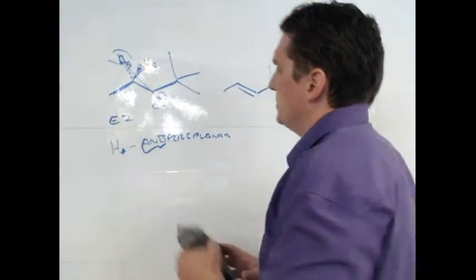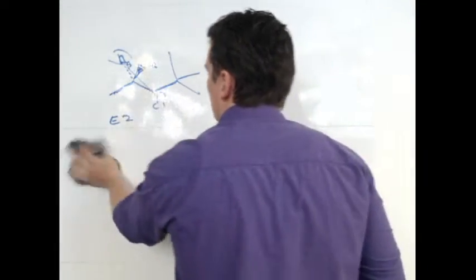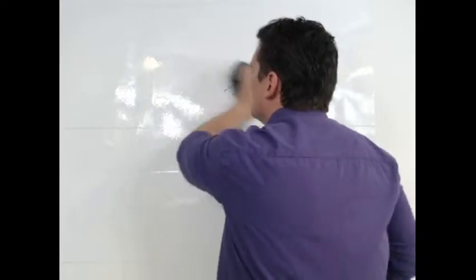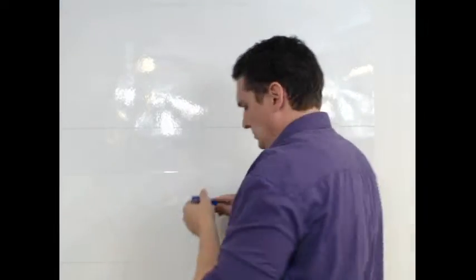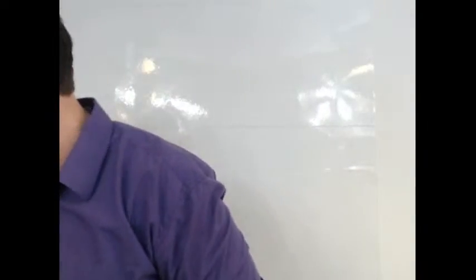So why doesn't it attack the one that's on the same side as the chlorine versus the opposite side? This is kind of a weird argument that gets made. So let me get out my modeling kit.